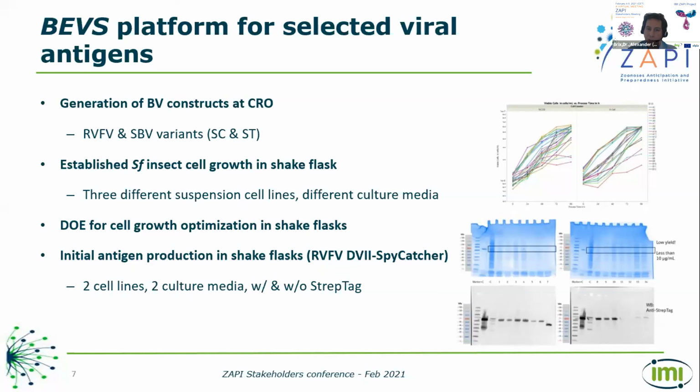The information was provided to us, and we then took these two into production. Our approach was as follows. We had externally the baculovirus construct being prepared or generated. Still, like with the MPSP, different versions with SpyCatcher and SpyTag, and also, which is not listed up here, further down below, with or without StrepTag for initial purification purposes.